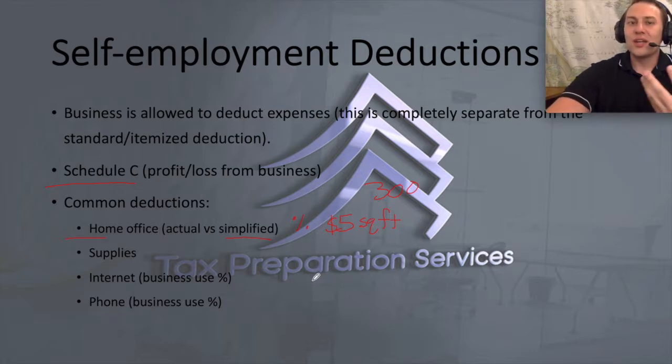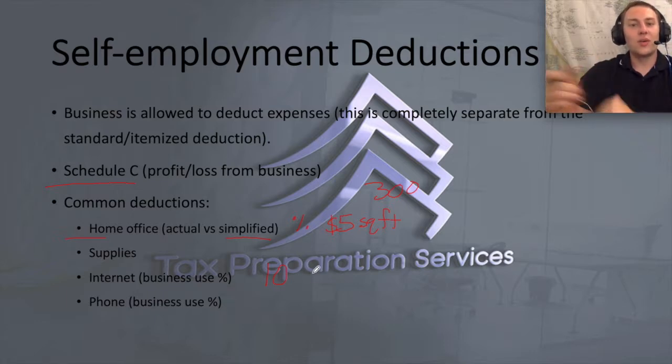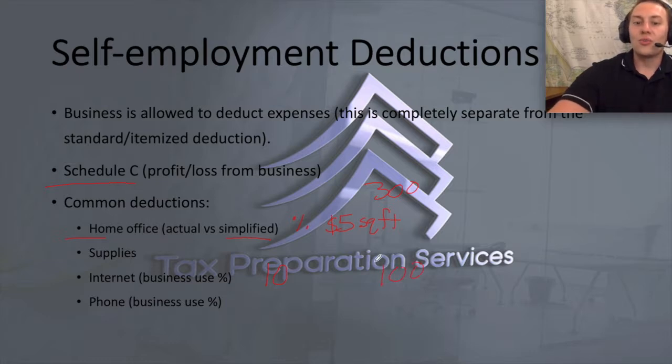I find the best way to figure it out is to come up with a business use percent for each one. So if you spend 10 hours a week using the internet for your work, and it's available 90 hours a week for personal time, that gives us a grand total of 100 hours a week that you're using internet.